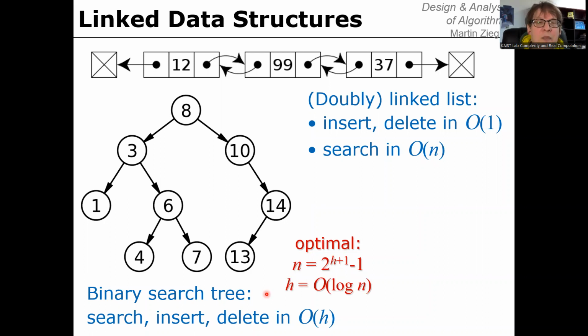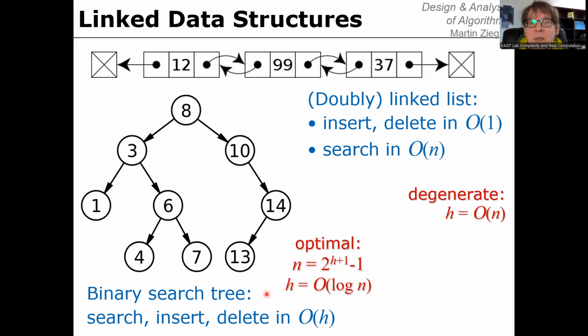Let me say that again. Height logarithmic in n is necessary, and in a good balanced binary tree, we are away from this optimum by at most a constant factor. So good binary trees have height O of log n. How do we create, and even more importantly, how do we maintain such a good balance?